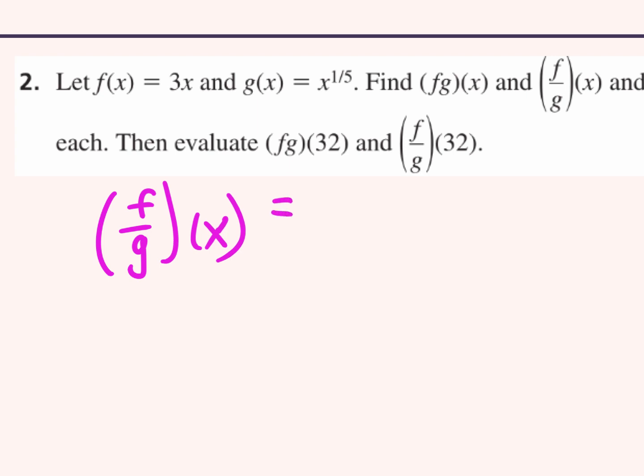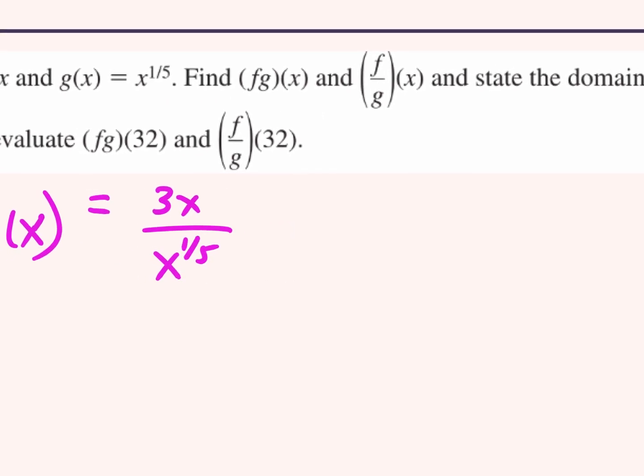Your f function is 3x. Your g function is x to the 1/5. This is the exact same kind of problem we just did. You're dividing bases that are the same. So what do you do with the exponents? You subtract. So this is 3x to the 1 minus 1/5.